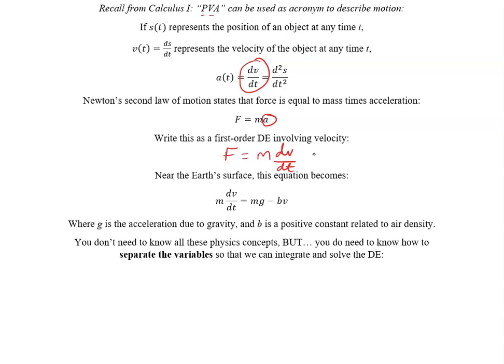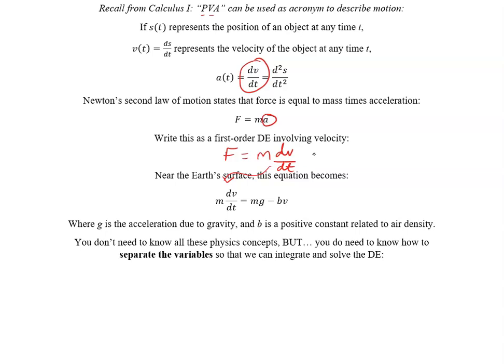And if you get close to the Earth's surface, this equation becomes m dv/dt = mg - bv, where g is the acceleration due to gravity, b is some positive constant related to air density, and v is the velocity.